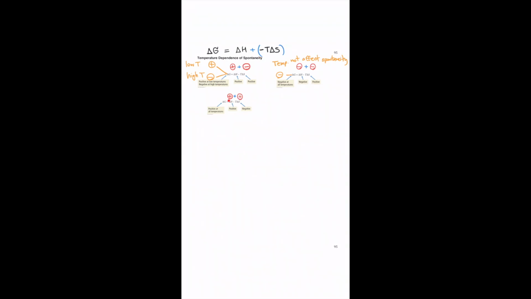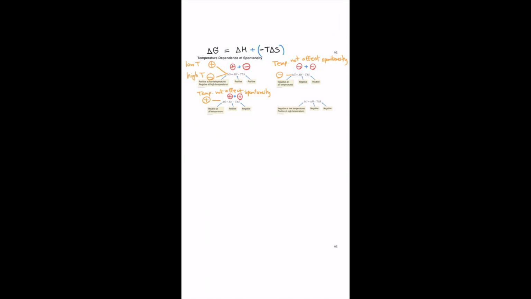If you have a positive enthalpy change added to the positive entropy change term, no matter what, these two added together will always give you a positive delta G. Positive delta G tells you that the reaction would be non-spontaneous in the forward direction at any temperature, and it also tells you that in this case, temperature doesn't have any effect on spontaneity because the reaction will always be non-spontaneous in the forward direction.